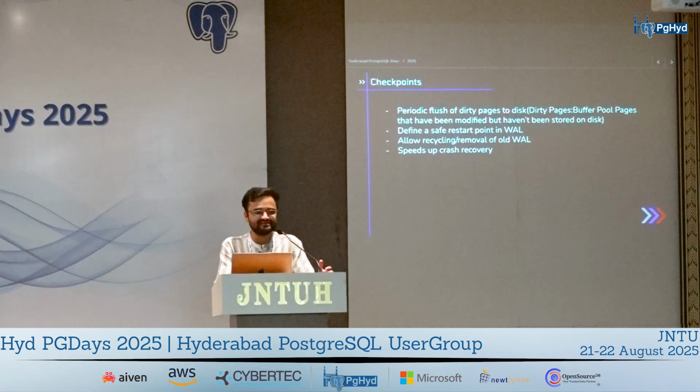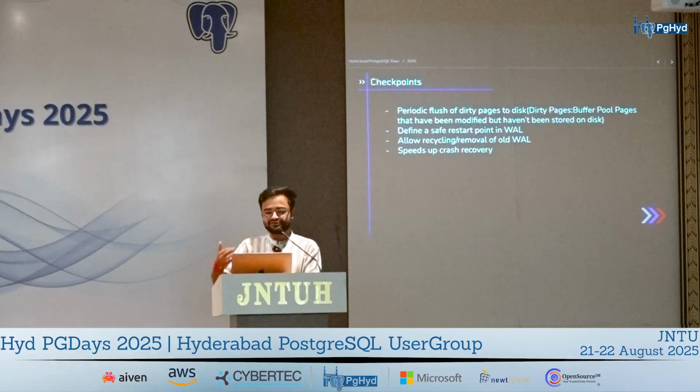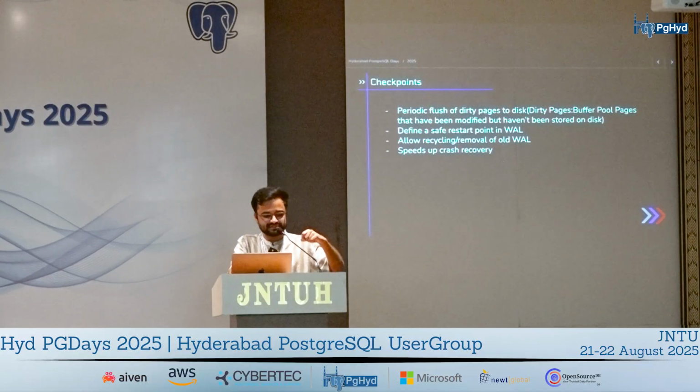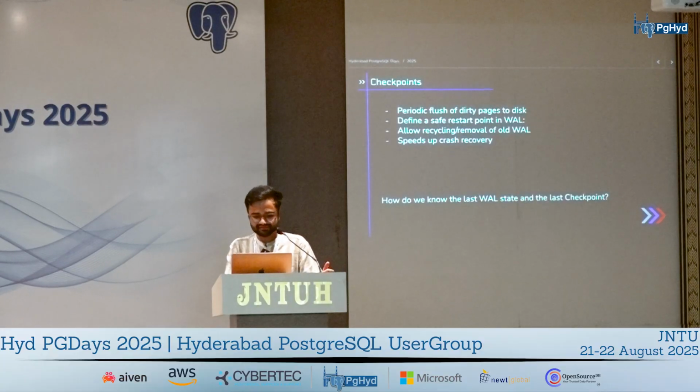Checkpoints are basically when your Postgres instance is running, it periodically stores a snapshot of your entire DB on disk. Whenever a crash occurs, you can resume from that particular checkpoint, replay the WAL on that, and end up recovering your entire database.